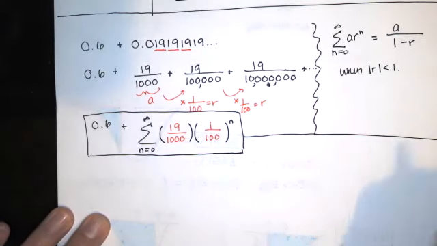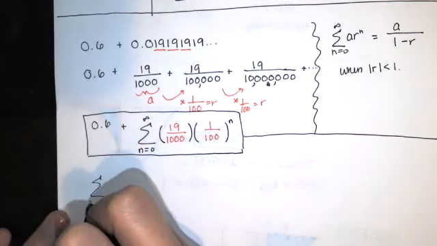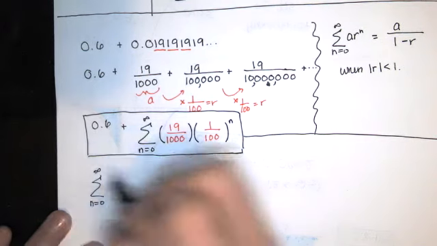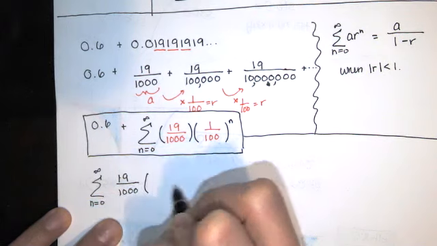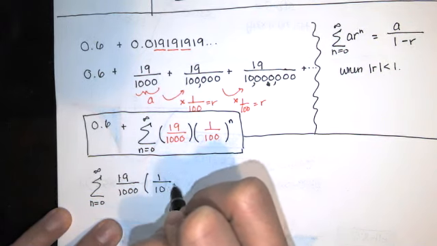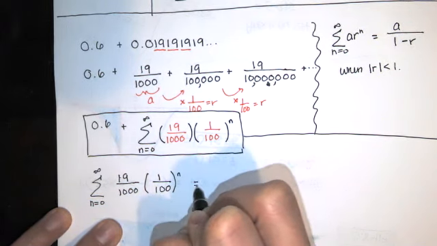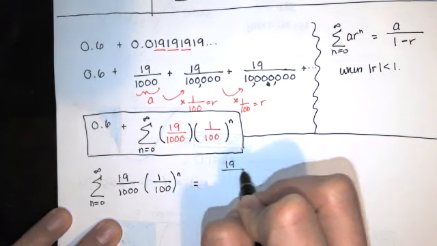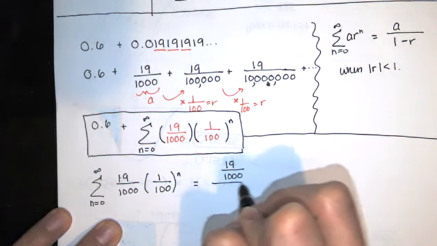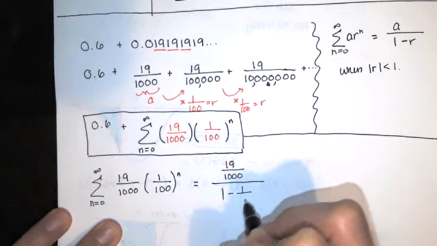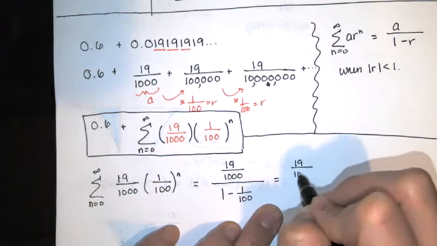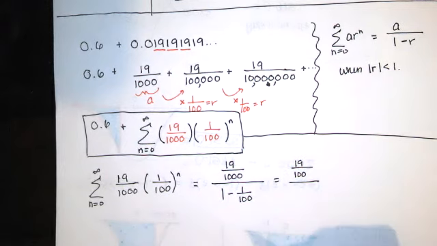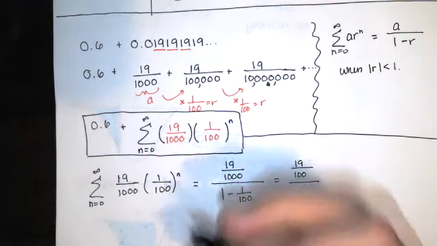It's actually not too bad at all. We've got the sum as n goes from 0 to infinity of 19 over 1,000 times 1 over 100 raised to the n is equal to 19 over 1,000, all divided by 1 minus 1 over 100. Now, I can write this 1 as 100 over 100.